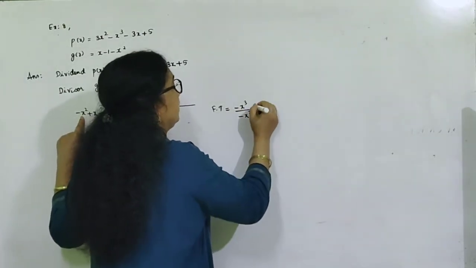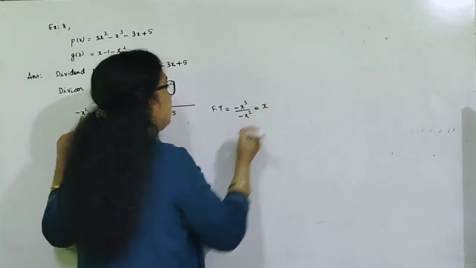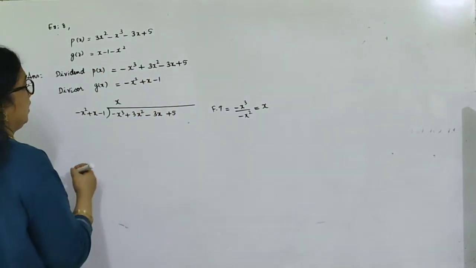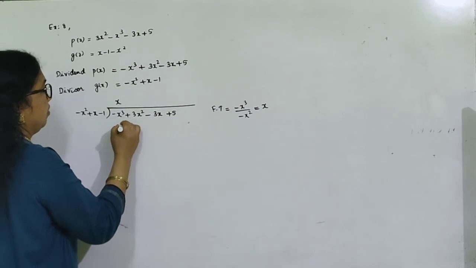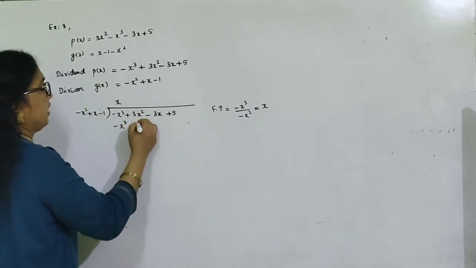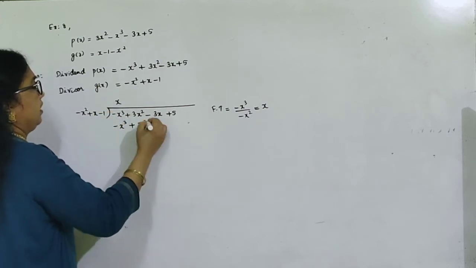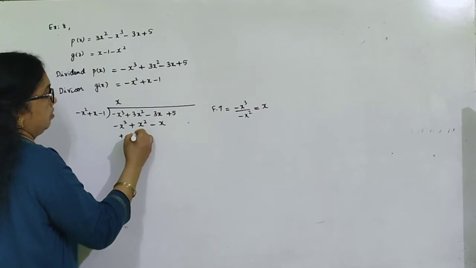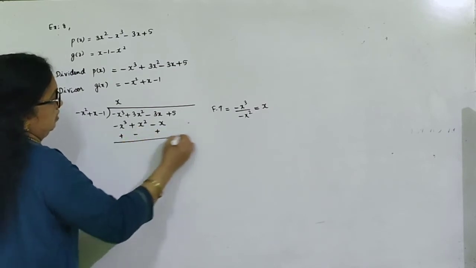The minus signs cancel, x cube upon x square is x. So the first term of the quotient is x. Write here x. X into minus x square is minus x cube, plus x, x into x is x square, minus x ones are x. Opposite side signs: plus, minus, plus.